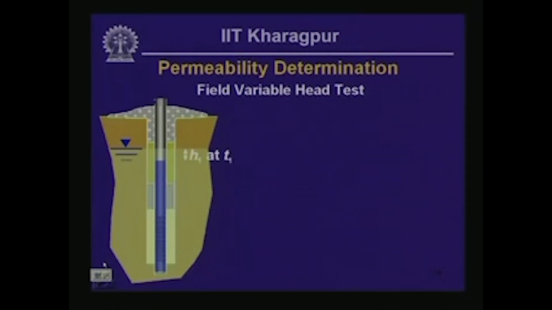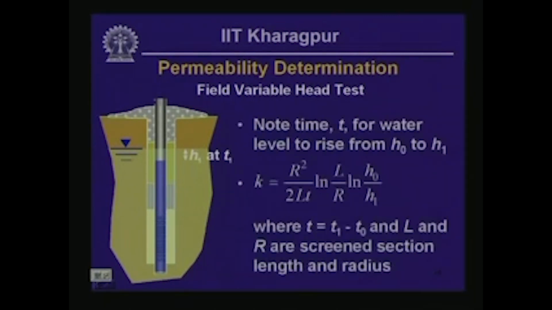What we do in this case is find out the time difference between when the water within the casing tube was at a depth of H naught below the existing water table, and when the water is at a depth of H1 below the existing water table, and from these two measurements we can compute the permeability using the expression on the right of this particular slide.